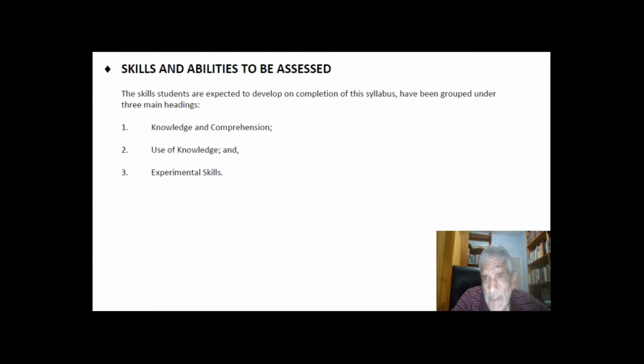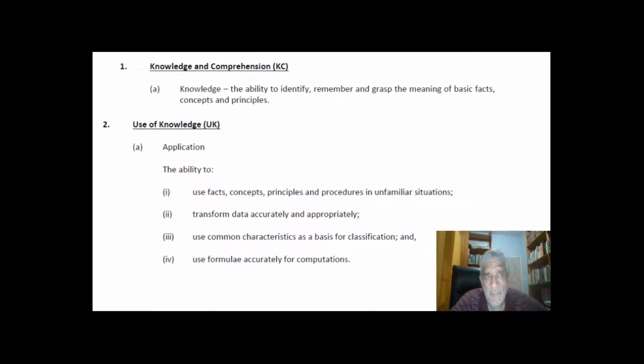So what skills are going to be assessed? Well, knowledge and comprehension and use of knowledge. These are tested by papers 1 and 2. And then experimental skills in the SBA. And it says what knowledge and comprehension is and what use of knowledge is.